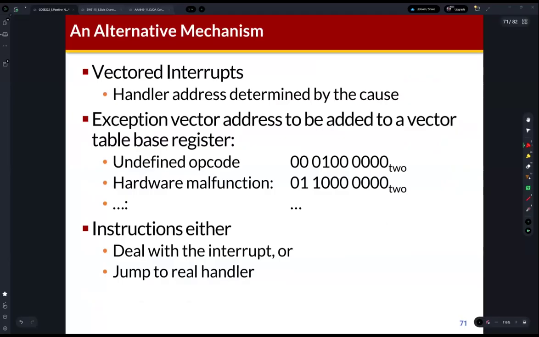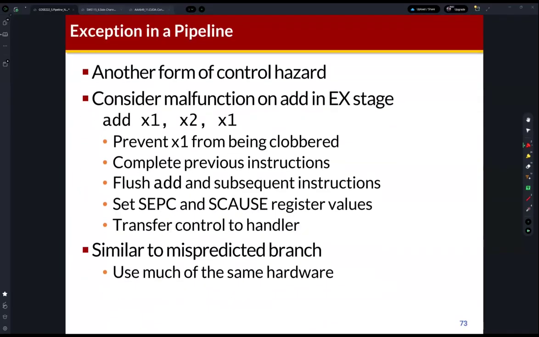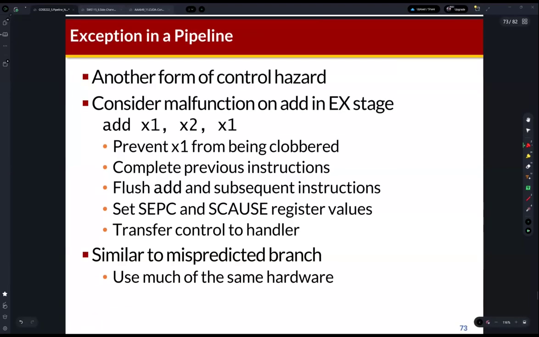Okay, so let's see the example. Let us assume that this is an instruction, and the exception is detected in the EX stage. This means that a malfunction is detected for this add operation. So this is a kind of exception. Then what is required?